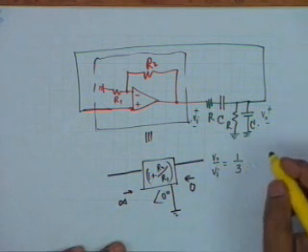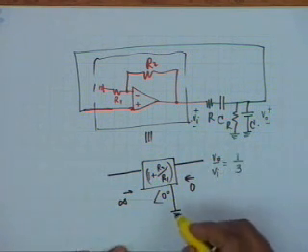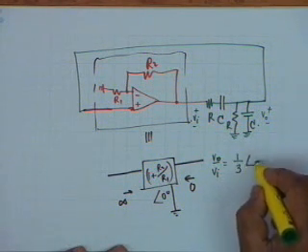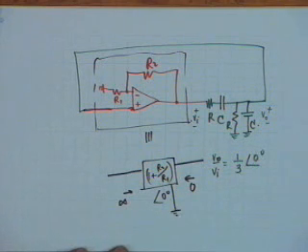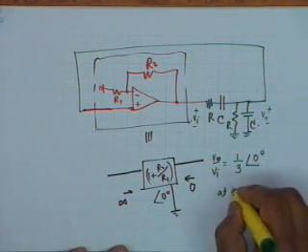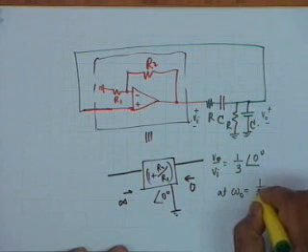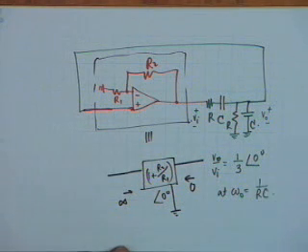It can be shown that V0 by Vi is 1/3 with 0 degree phase shift at omega 0 equal to 1 over RC. No under root as in the case of LC circuits. In the case of RC circuits, omega 0 is simply the inverse of the time constant.